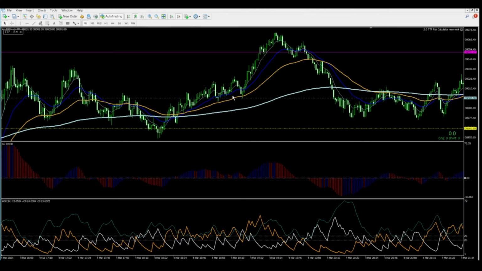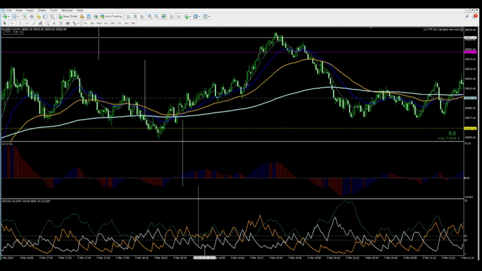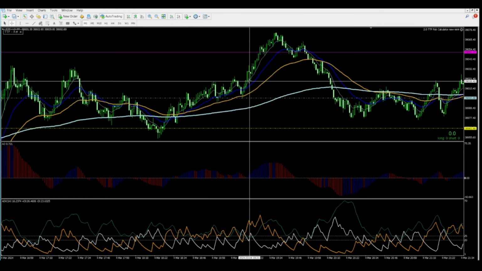So in this case I will be taking entry at this level after it closes above. My stop loss would either be at this level, below structure, or near EMA 200. Let's say I see the structure is over here, so I can take my stop loss over here.